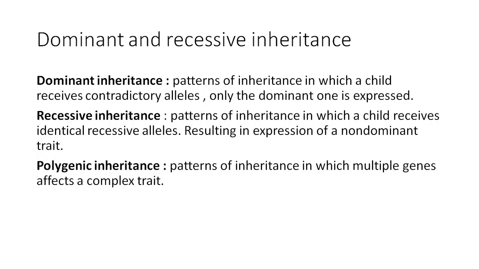Recessive inheritance, the expression of a recessive trait, occurs only when a person receives two recessive alleles, one from each parent. If you inherited one allele for tongue curling ability from each parent, you are homozygous for tongue curling and can curl your tongue.